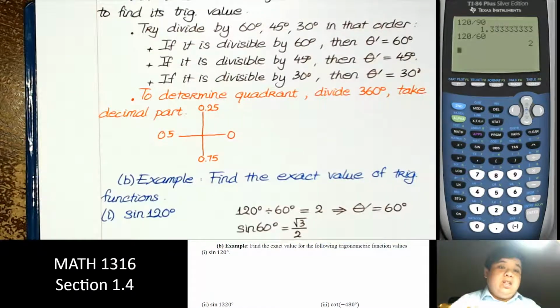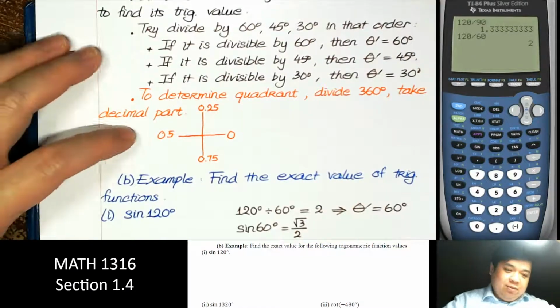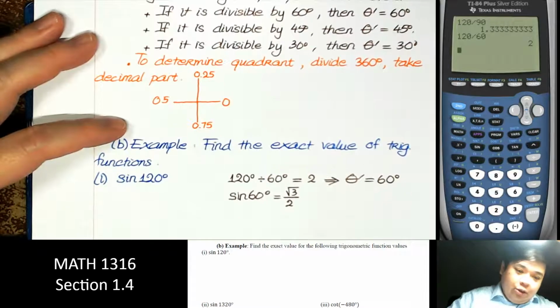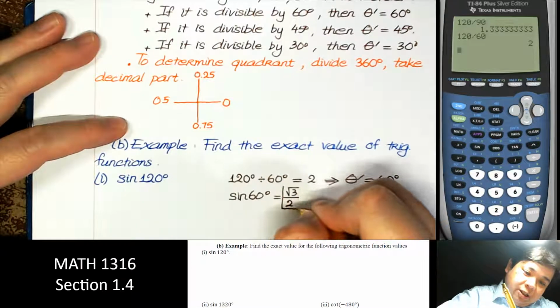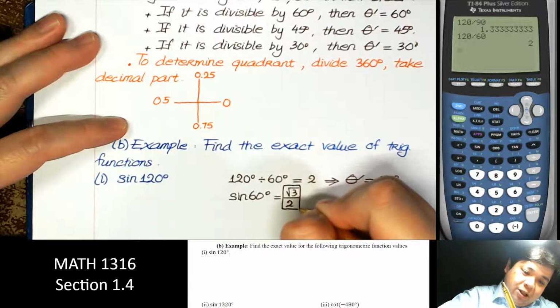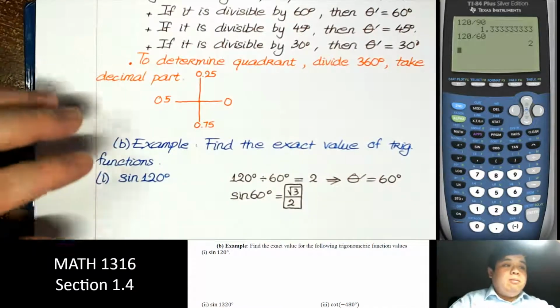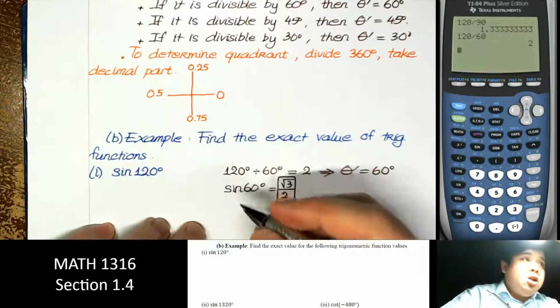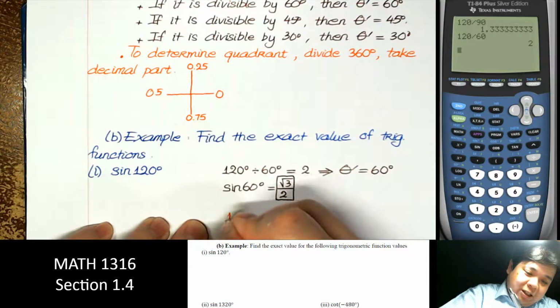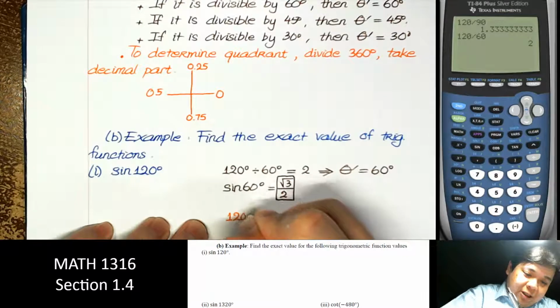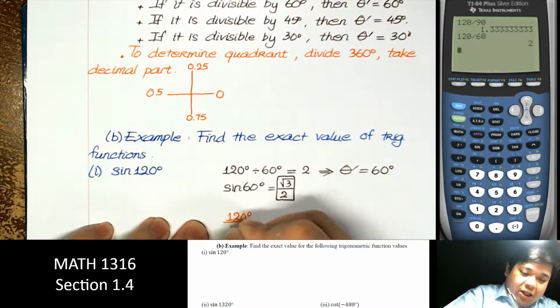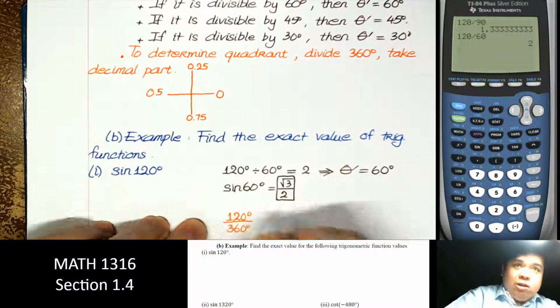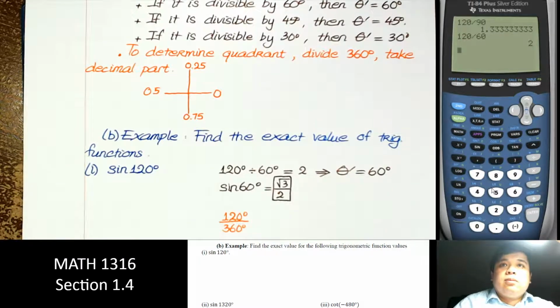The next part is to determine positive or negative. So first we have the values. Square root of 3 over 2. Next, the quadrant. How to determine the quadrant? So we take 120, divide by 360. Like I said, I'm doing this problem in slow motion.